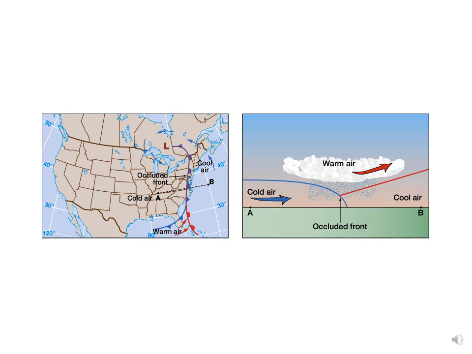And as that occlusion gets deeper, the surface warm front has now been lifted off of the ground as the cold front has moved underneath of it. And that warm air is now completely separate from the surface. We have this warm air that is above the cold air and above the cool air. And this is a deep occluded system.